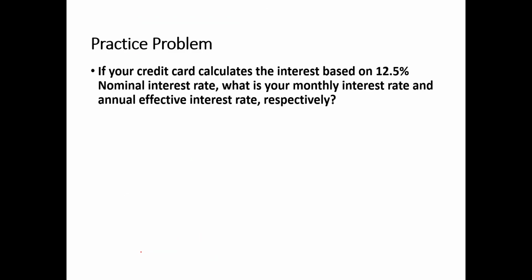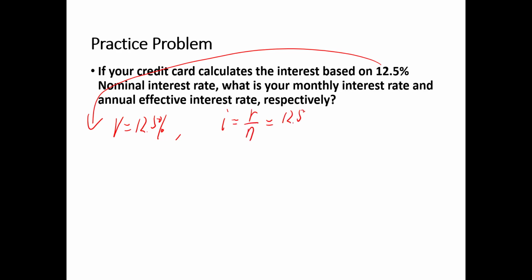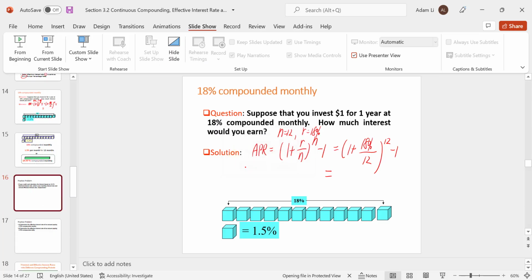And let's look at a couple of practice problems. If your credit card calculates interest based on a 12.5% nominal interest rate, the given R here, what is your monthly interest rate and annual effective interest rate, respectively? The monthly interest rate is equal to R over n, so 12.5% over 12. Let's see what that is.